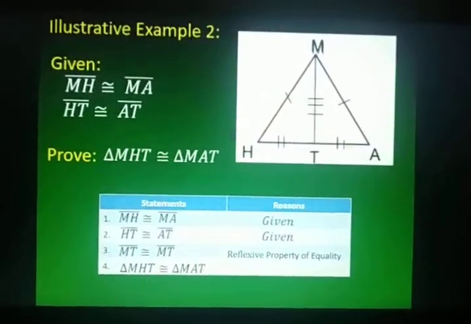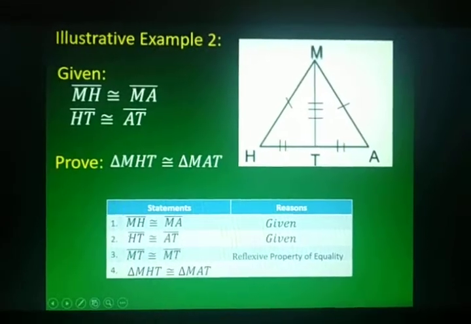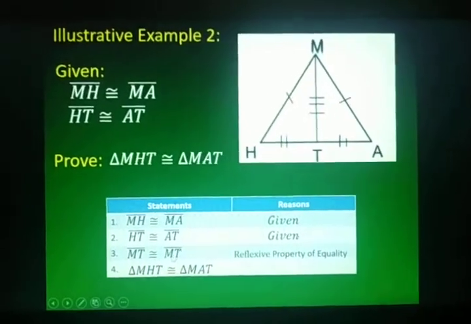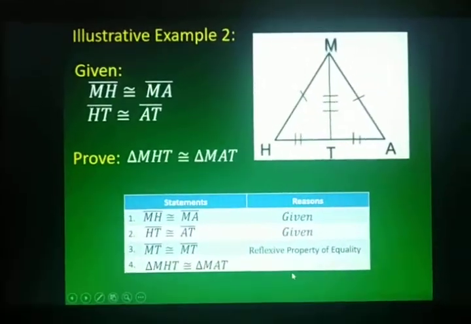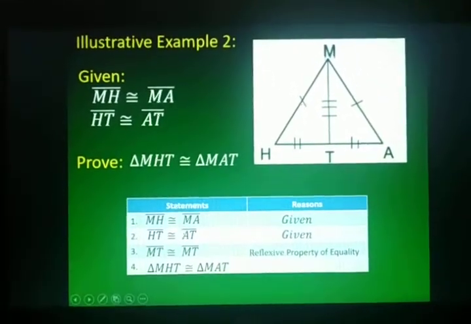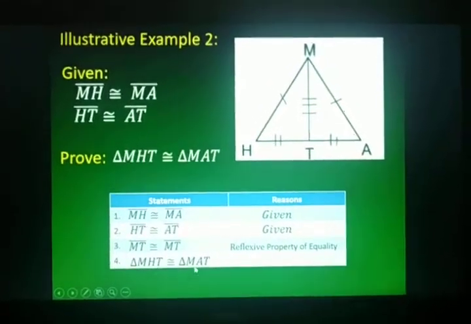Okay, so they are still the same. MT is the same, but they are of separate triangles when separated. Okay? And so, these statements prove that triangle MHT is congruent with triangle MAT.